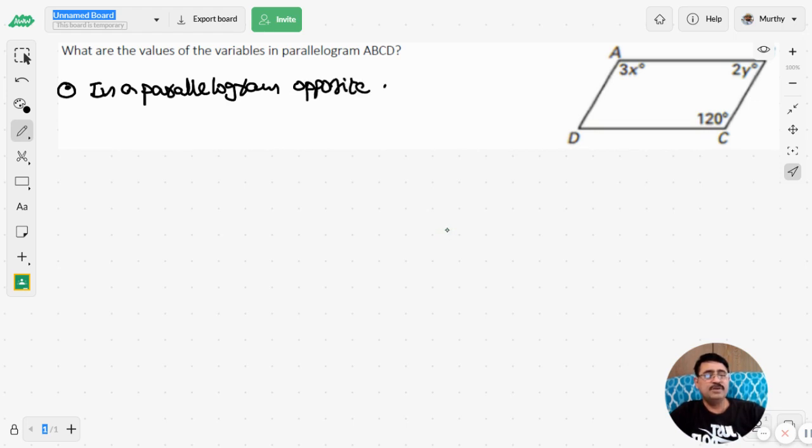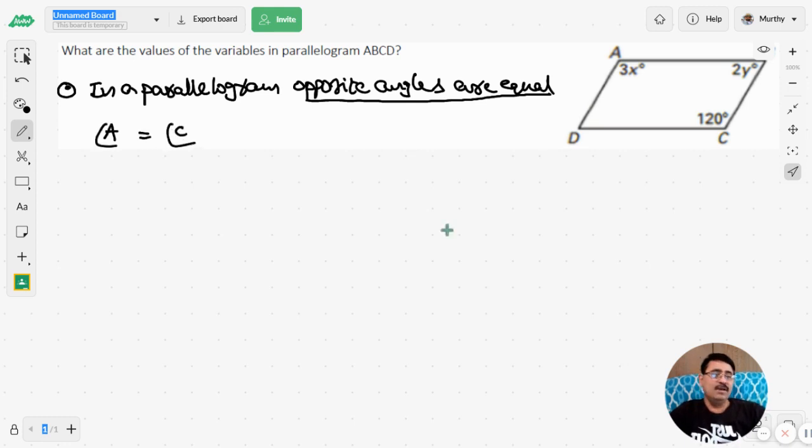You take a rhombus, a square, a rectangle, opposite angles are equal. This is rule number one. So opposite angles are equal means angle A equals angle C. Please see that these two angles are equal. So angle A equals C means 3x equals 120 degrees. You know how to isolate x, division by 3, x equals 40.